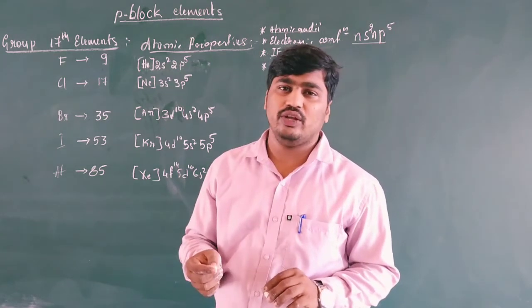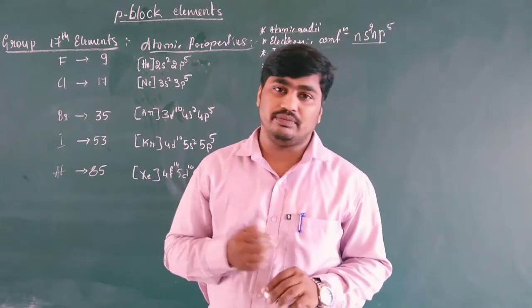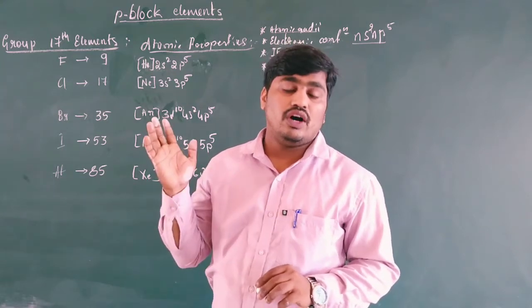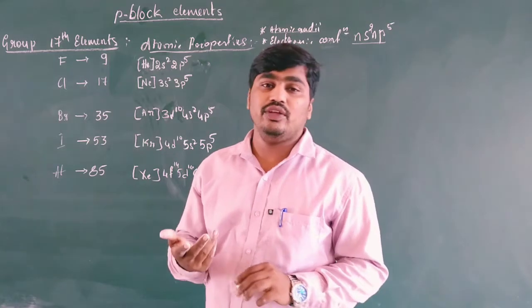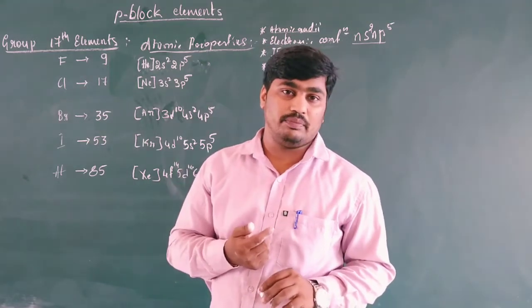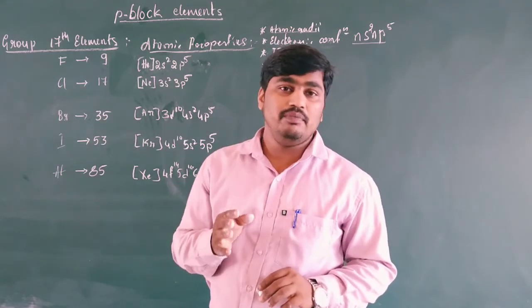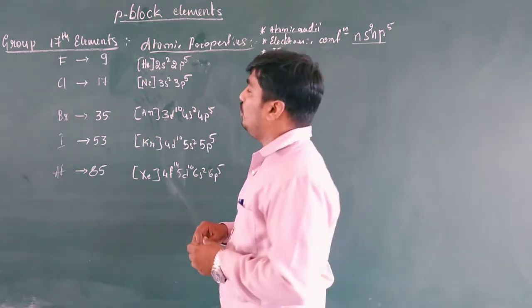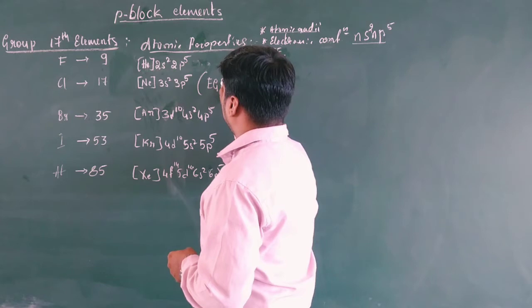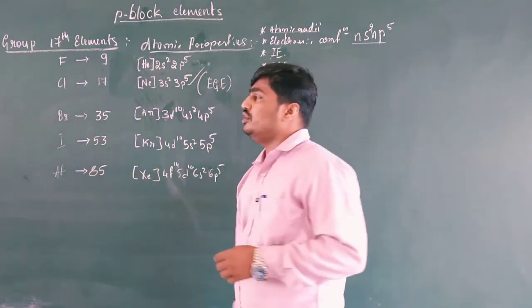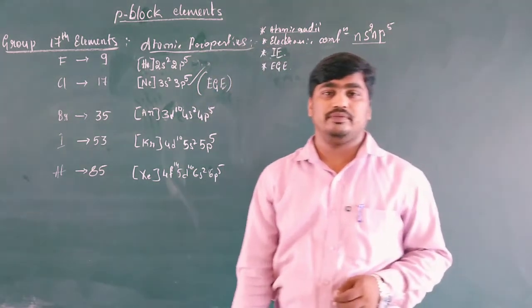What is the reason for the negative sign? The energy is released, so we use a negative sign for the loss of energy. The more negative the value, the greater the electron gain enthalpy. In the p block elements, chlorine shows the highest electron gain enthalpy.